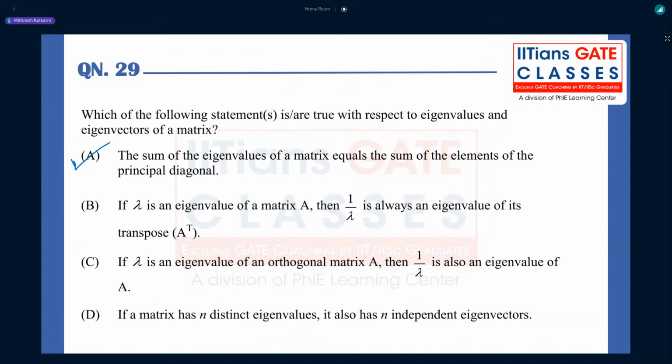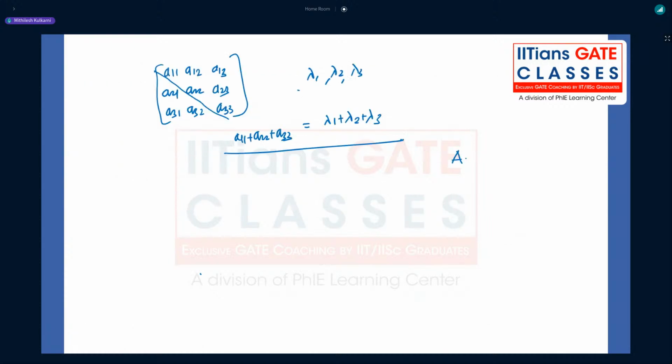The second statement is: if lambda is an eigenvalue of matrix A, then 1 upon lambda is always an eigenvalue of its transpose. It is not correct, because we know we write Ax equal to lambda x, where x is an eigenvector, A is a given matrix, and lambda is the eigenvalue.